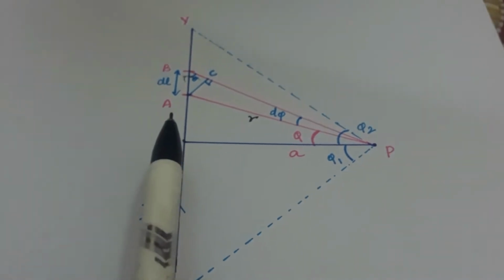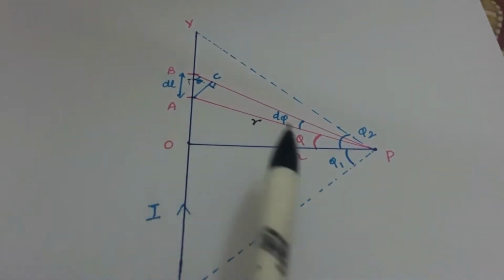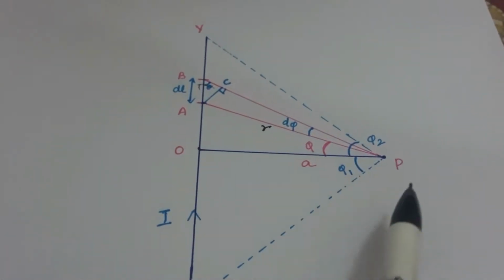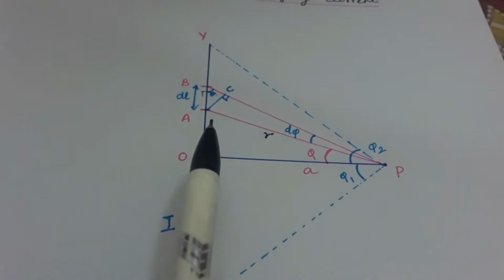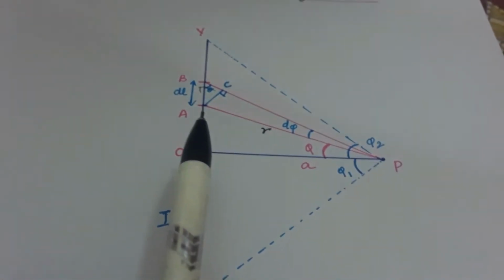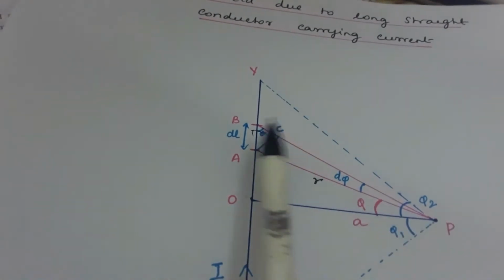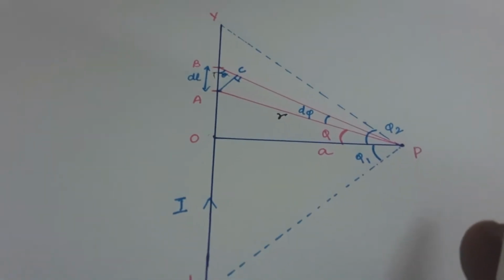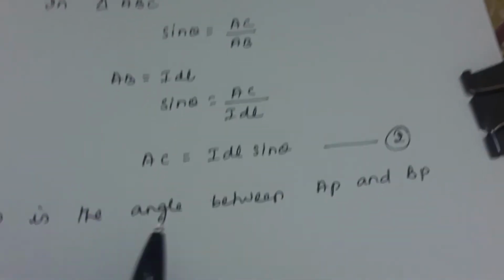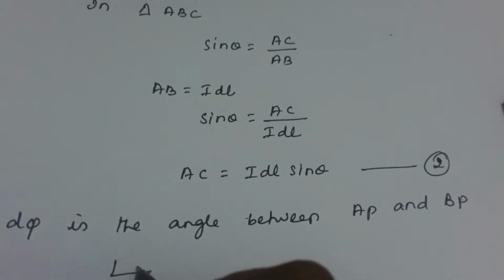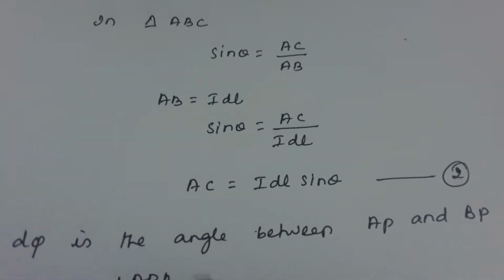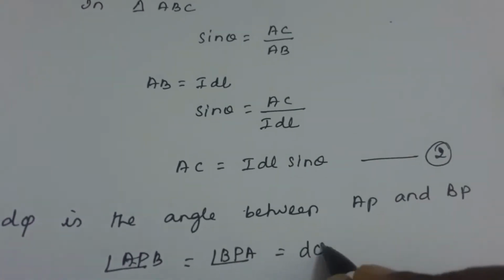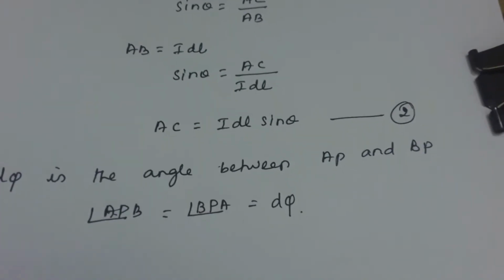So we can write angle APB is equal to angle BPA, which is equal to d phi.